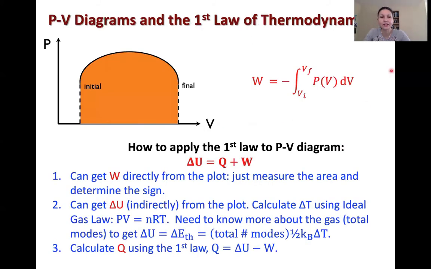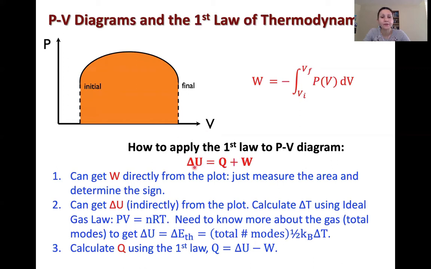Okay, so here's an example of the thought process that you will go through when trying to figure out these different properties of a given process. Here's an example of a PV diagram again. Often you will be given a PV diagram that demonstrates that process.